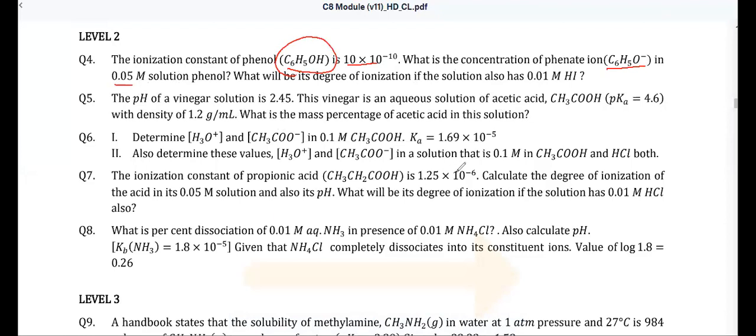This is again the same problem. Ka is equal to the phenolate ion, because it is your product, C6H5O minus into H plus, divided by C6H5OH. As simple as that. This is the basic formula. Agree?